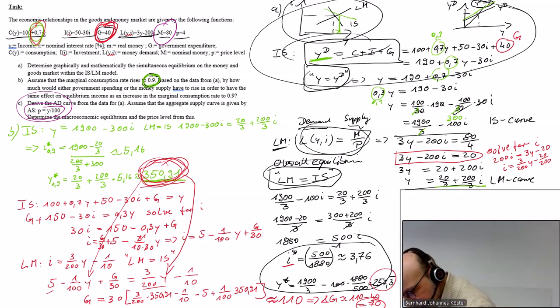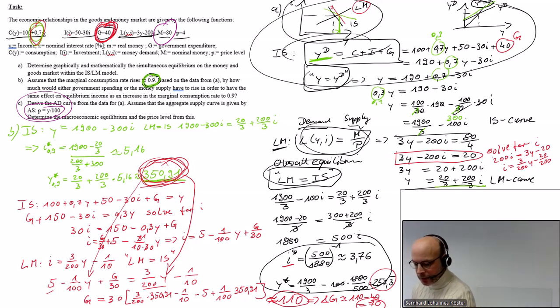Graphically, given still the same LM curve, by how much do we have to shift the IS curve outward due to an increase of government expenditure. In the end, we calculated that we need government expenditure of a value of 110.